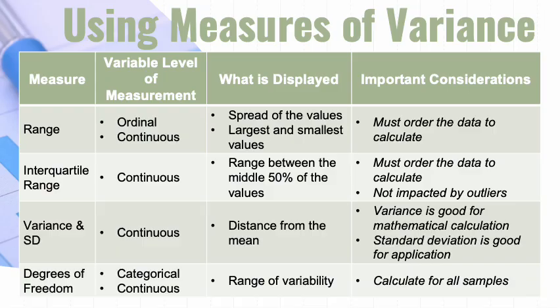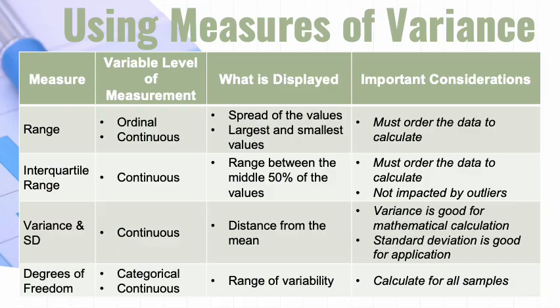Standard deviation is a very important concept to understand because as we move forward in this course, we're going to talk about standard deviation and how that relates to statistical significance of your results. Finally, the degrees of freedom can be calculated for variables at either the categorical or continuous levels of measurement because the degrees of freedom are looking at the size of your sample.